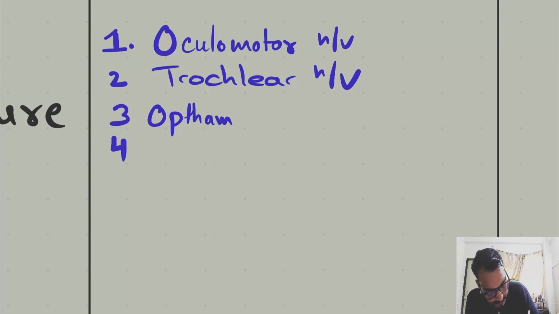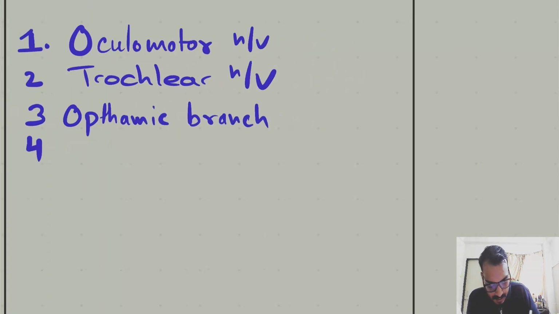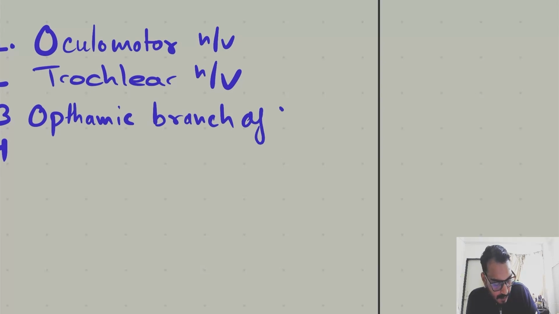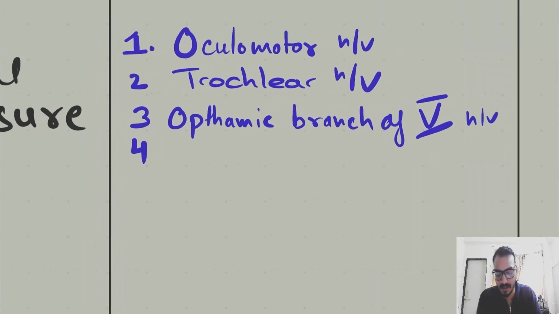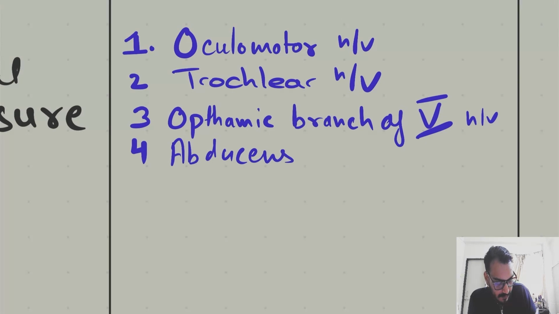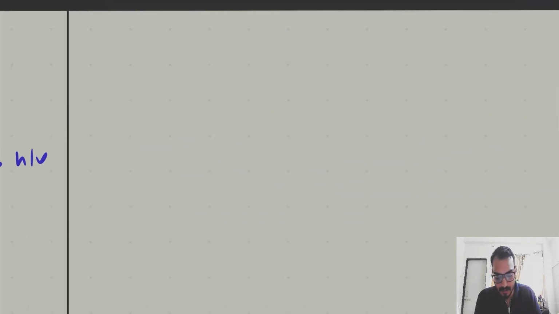Then the ophthalmic branch of the trigeminal nerve. And the last thing which is going through it is the abducens nerve. You should know about the muscles of the eye.